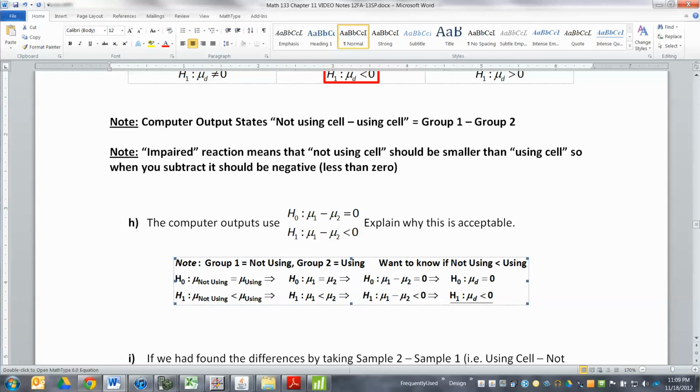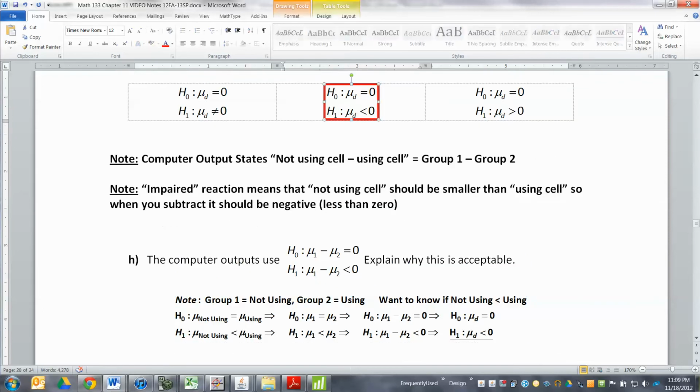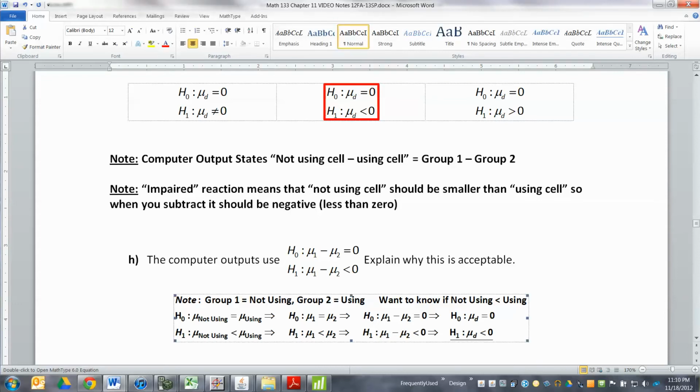So when you use your cell phone, it should take you longer than when you don't. That means mu1 should be less than mu2. If you subtracted mu2, that would be mu1 minus mu2 is less than 0, and that would mean the difference is less than 0. That's why I've boxed this red one up here. So it's totally fine that they just use the subtraction symbol instead of the d's. It's the same thing. All right?